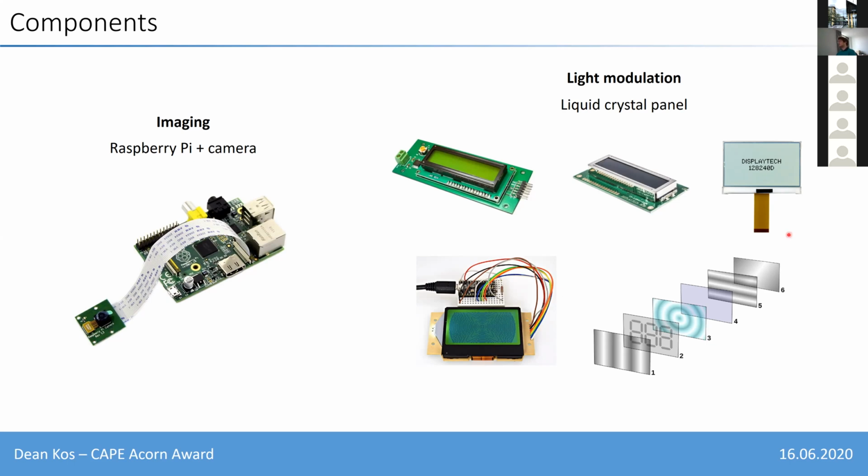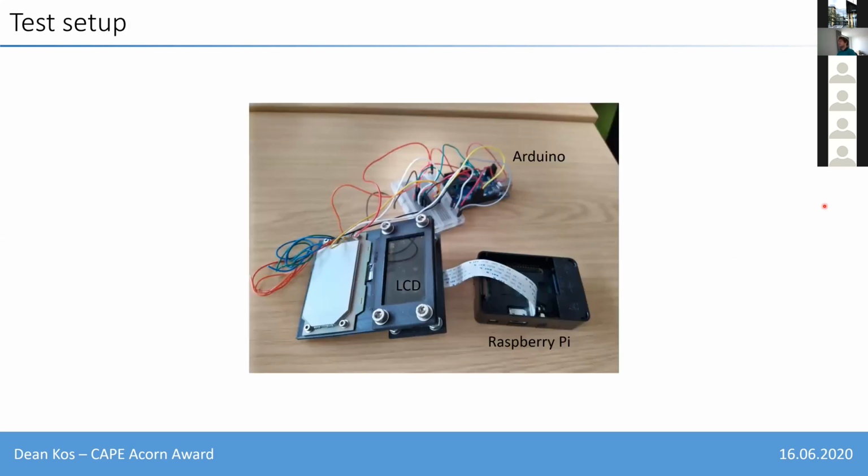So what does the initial test setup look like? This is what it looks like. All the connections to monitors and input devices are not shown. You've got the Raspberry Pi, and the camera, which is down here at the bottom. And this is the liquid crystal panel, which was obtained by taking apart a liquid crystal display.